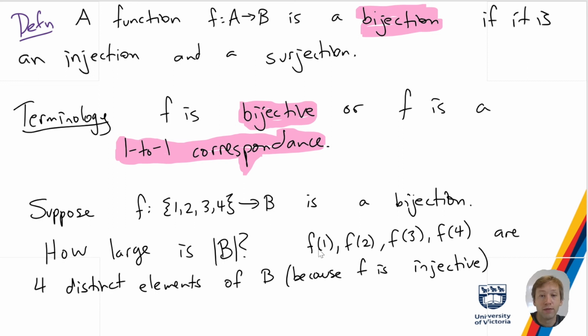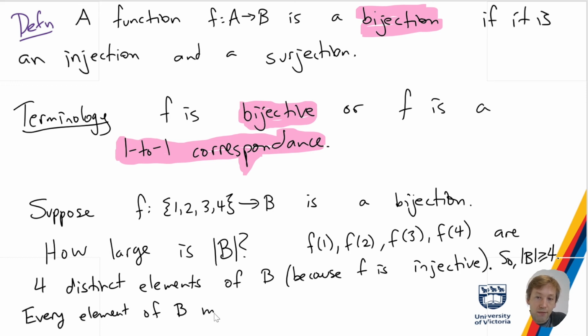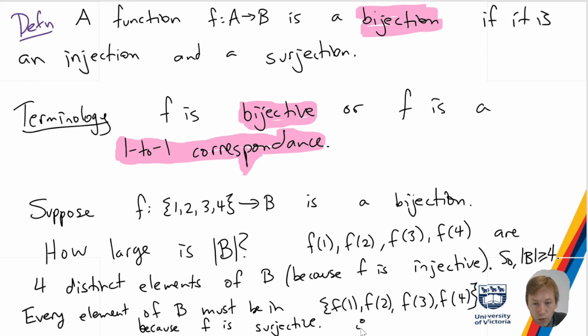So f(1), f(2), f(3), and f(4) are all different. This implies that the size of B is at least 4. But it has to be equal to 4, because every element of B must be in the set {f(1), f(2), f(3), f(4)} since f is surjective. So the size of B has to be 4.